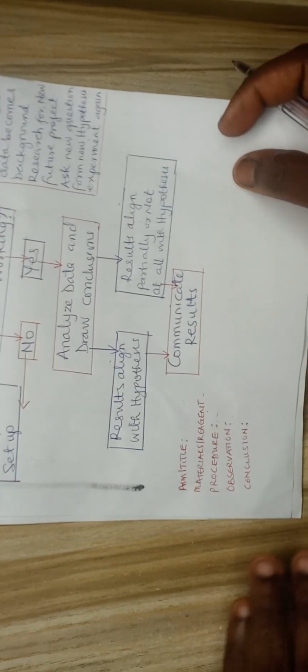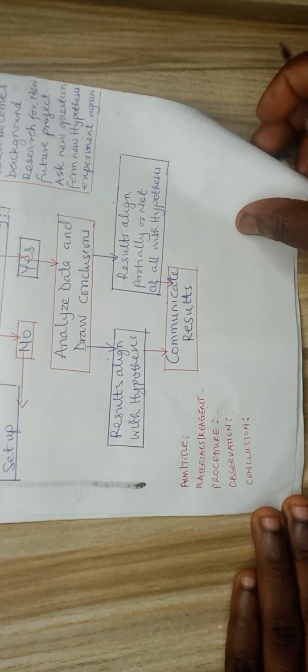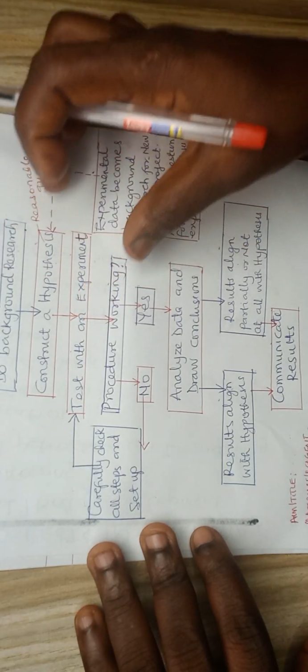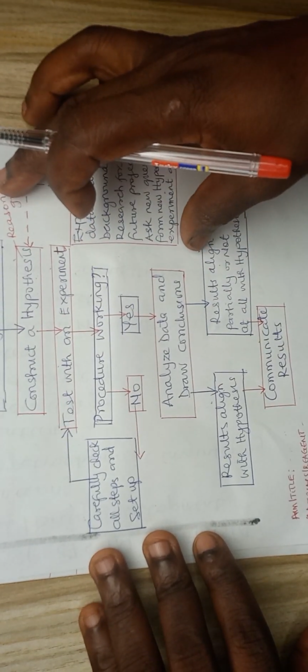So you should have this at the back of your mind, though all experiments may not follow these steps. And I'm going to explain more about all this network or this chart.